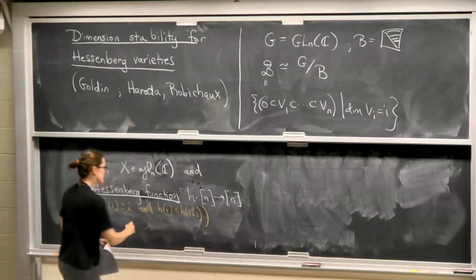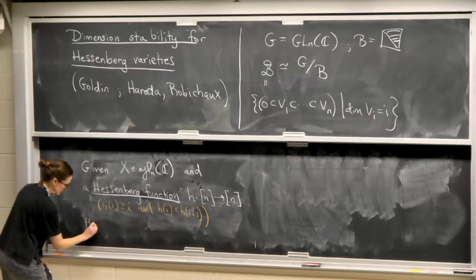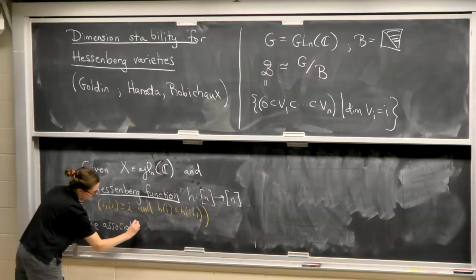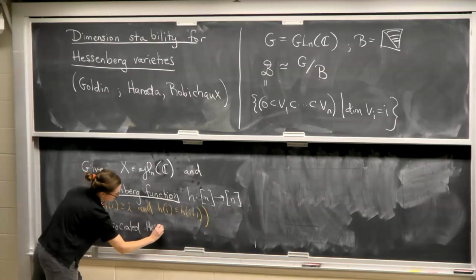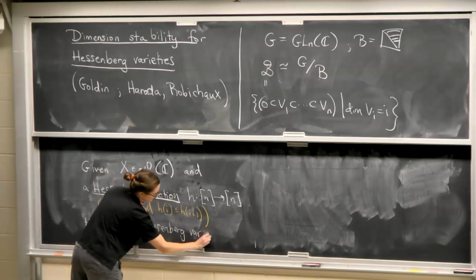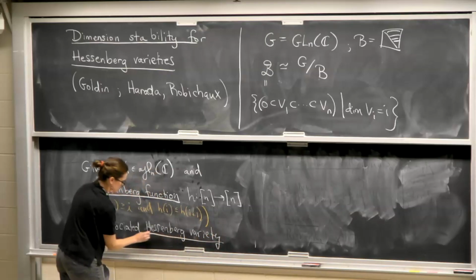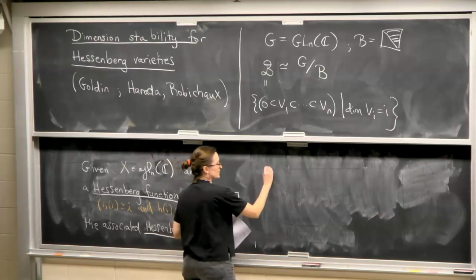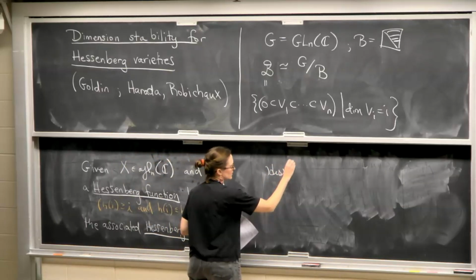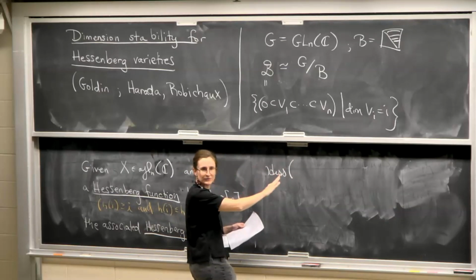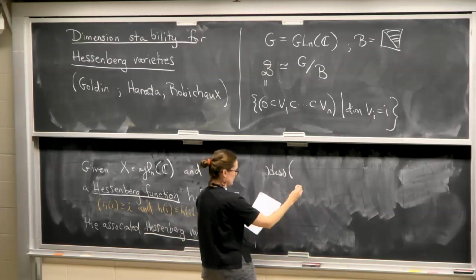So the associated Hessenberg variety is the following. I just like to write Hess(X, h). You'll see different notations in different papers.